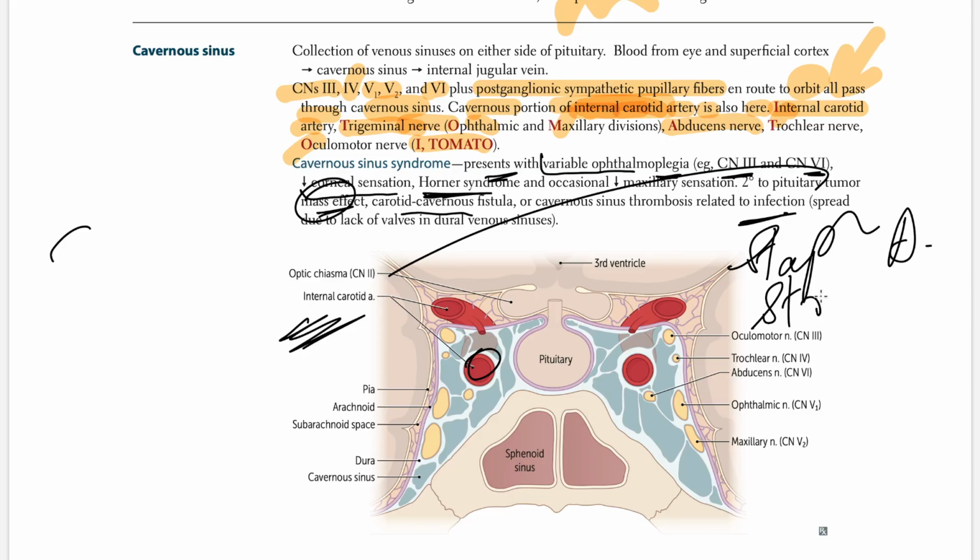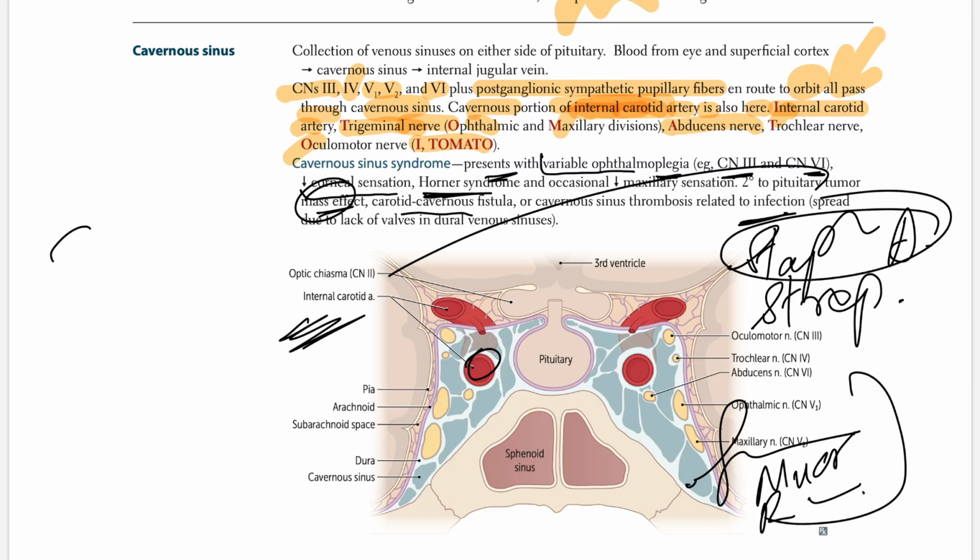Other than that, you can think about streptococci. Fungal organisms are also important, for example mucor and rhizopus, but these are rare. Most important is going to be Staph aureus, being the most important cause of infection within the cavernous sinus.